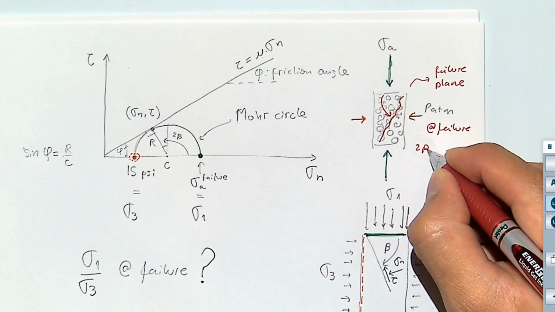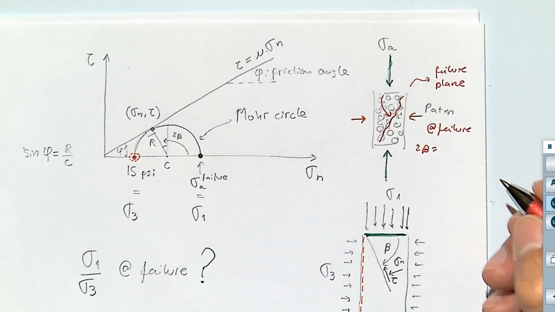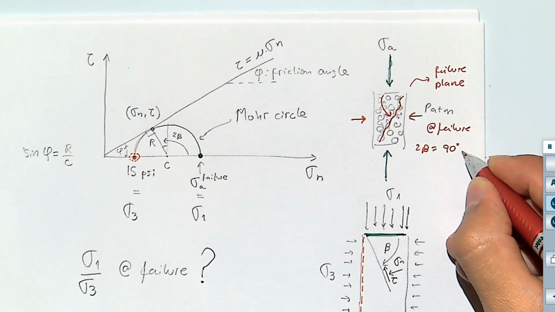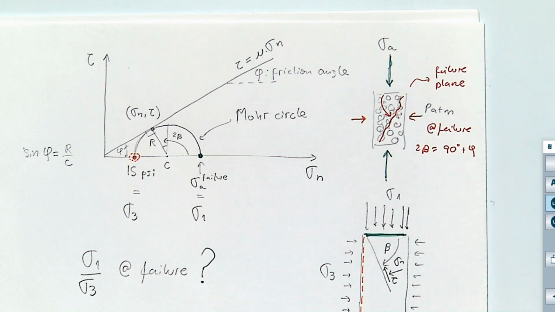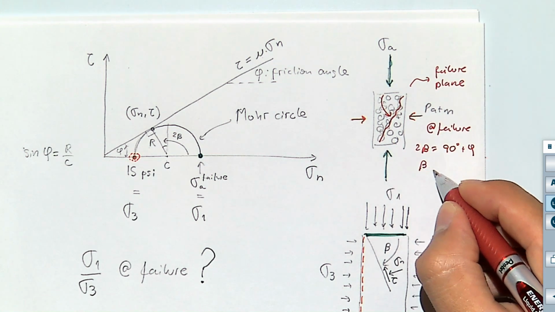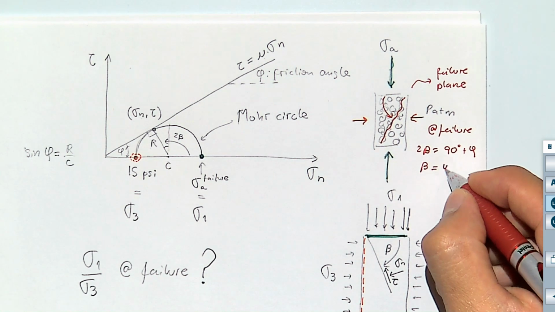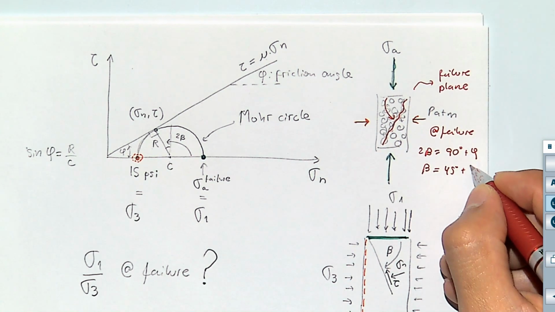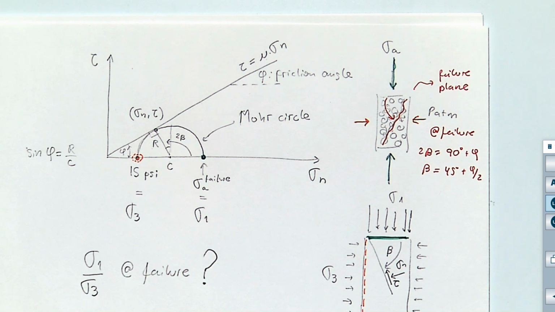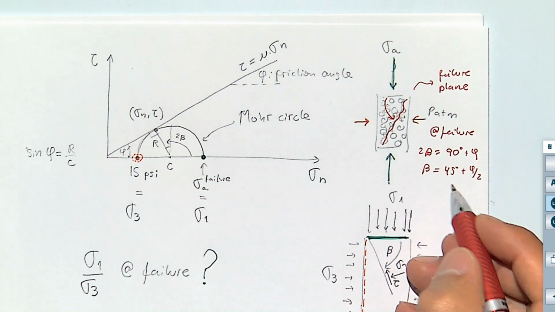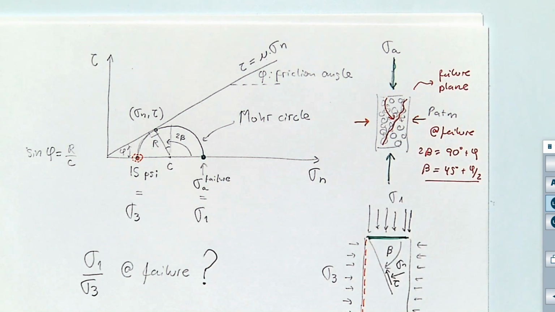Two beta will be equal to 90 plus that thing, which is a friction angle, and therefore beta will be equal to 45 plus friction angle divided by 2. And that is that angle.